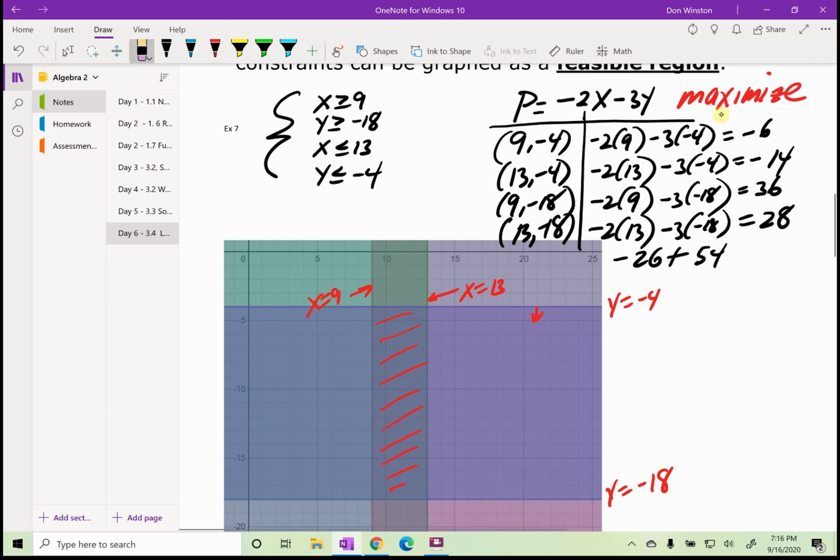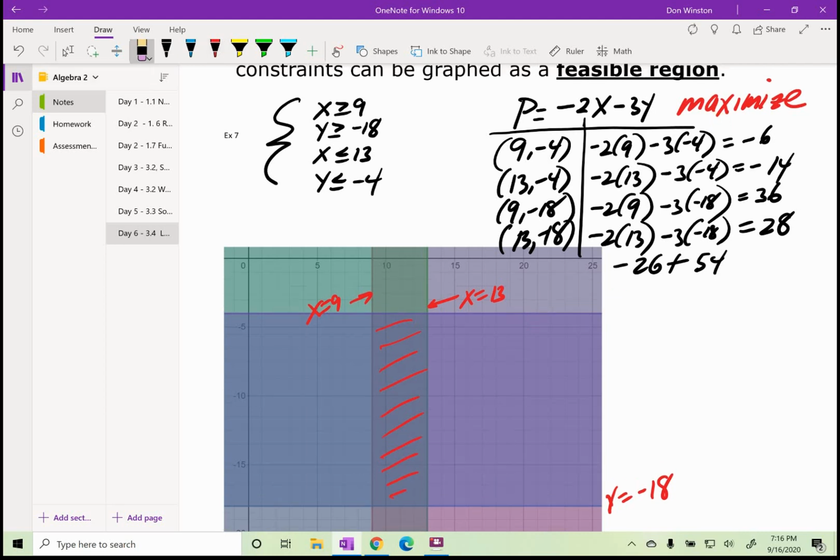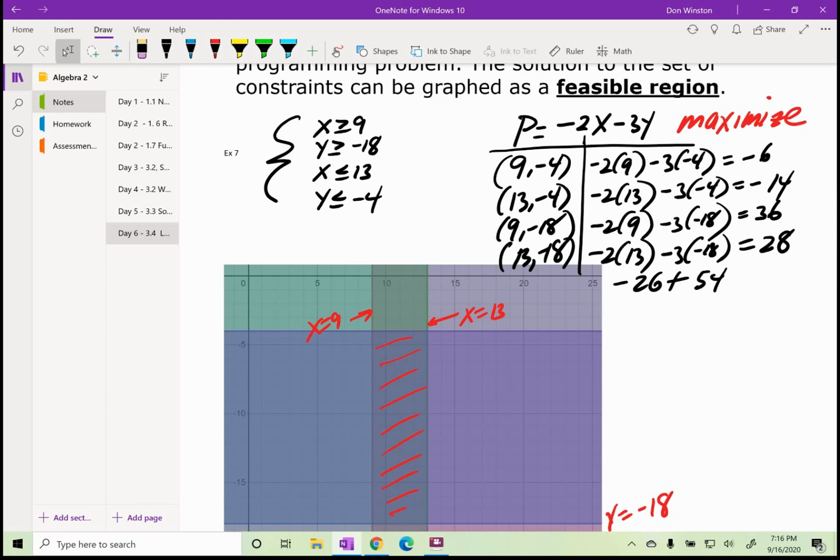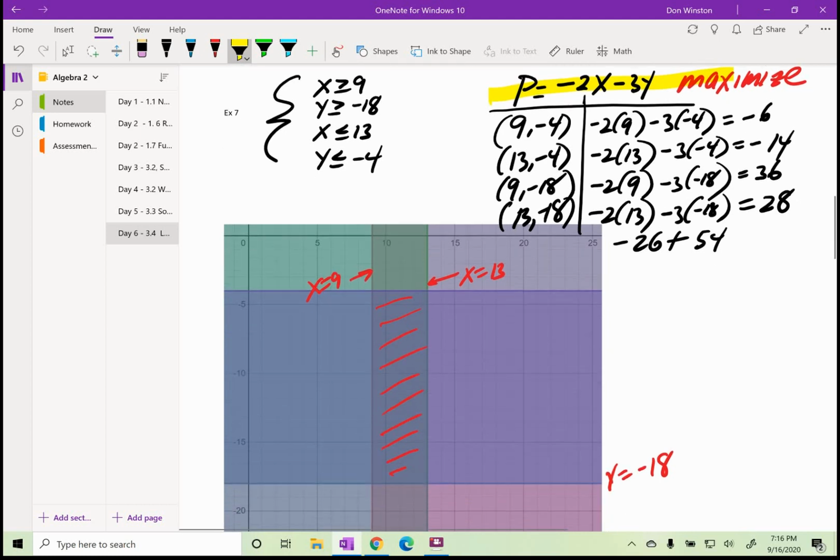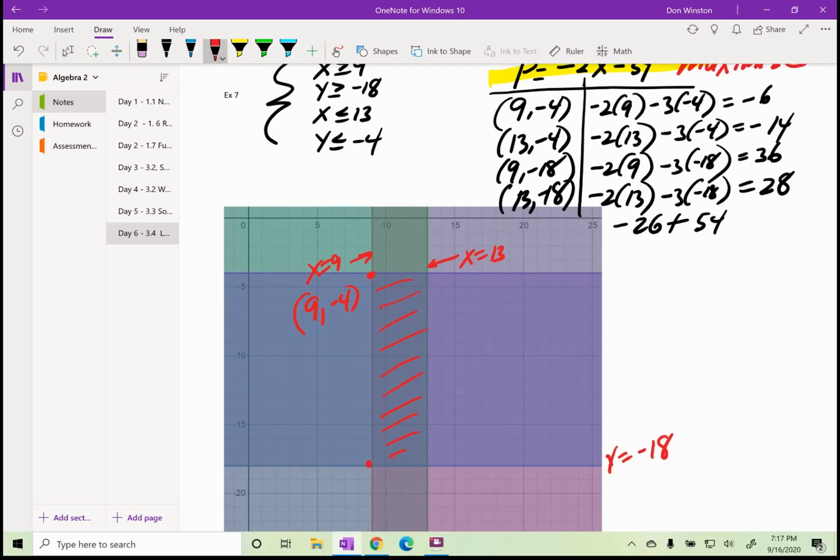All of that. Now let's say here we have an objective function, and we want to maximize some objective function. And let's say here that objective function is defined as negative 2x minus 3y. We have to maximize it. So what we have to do is we have to evaluate these corner points. This is going to be quite easy. This point here, we know x is 9 and y was -4. Okay, that's the answer. So we know that this corner point here was, again, x is 9, and then y is -18.